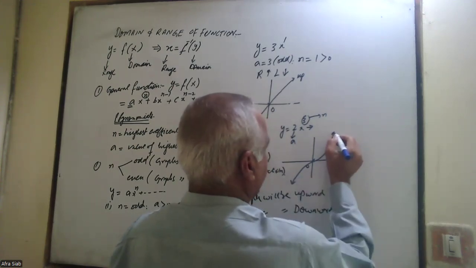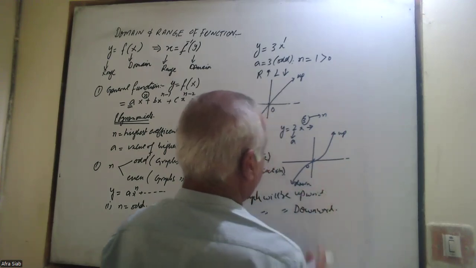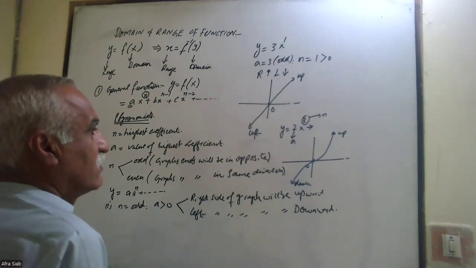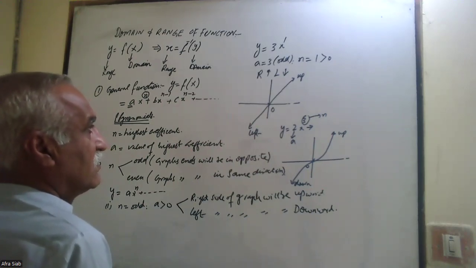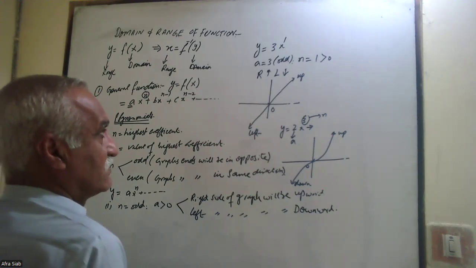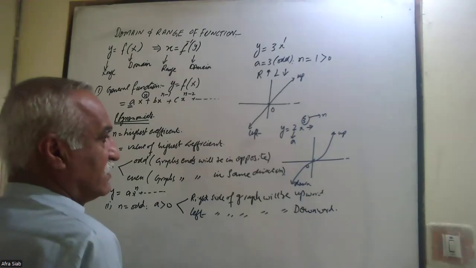So you have seen here that this is upward and this is downward. So in these two cases, n is odd and the coefficient is positive, so upward is the right side and downward is the left side.